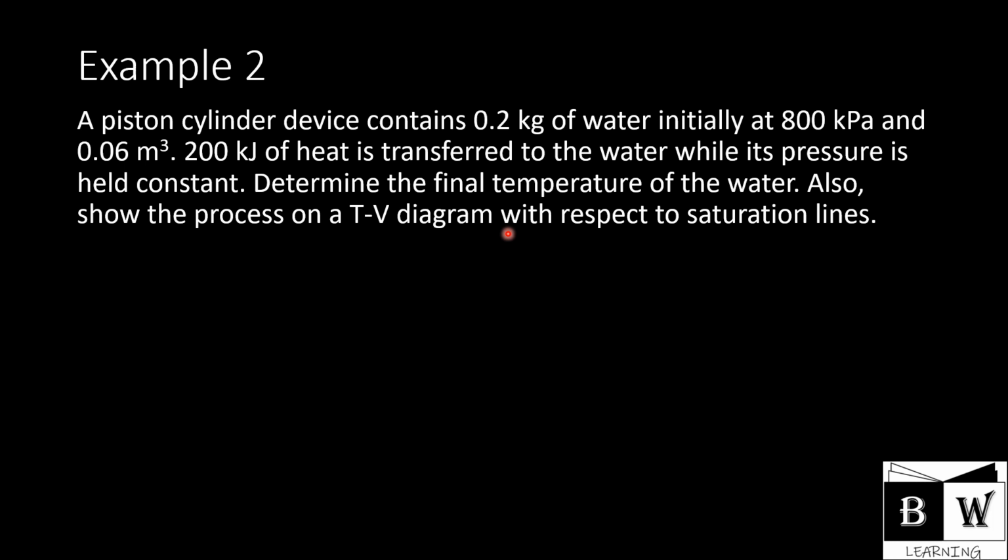So this is purely a piston cylinder problem where heat is transferred into the system, and it will expand our water and move the piston. So some assumptions is it is a constant pressure problem.